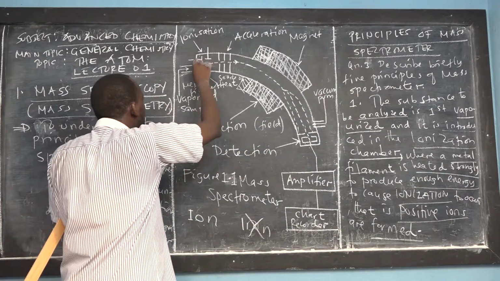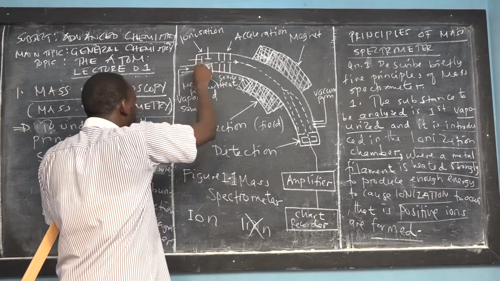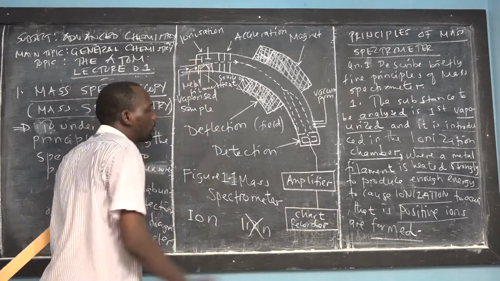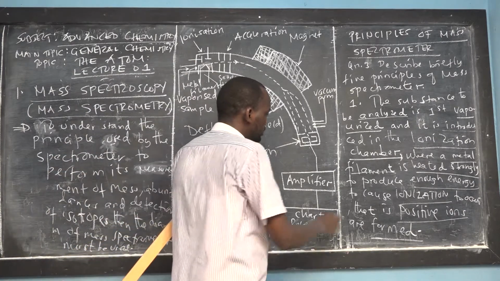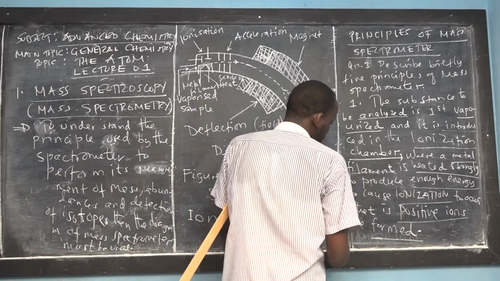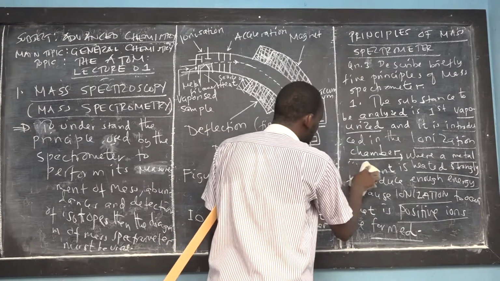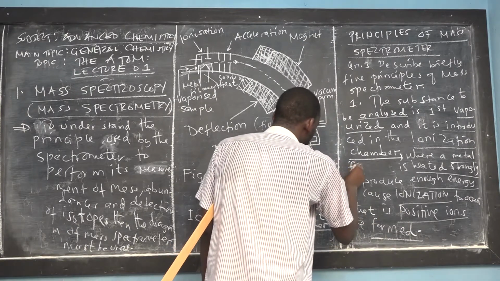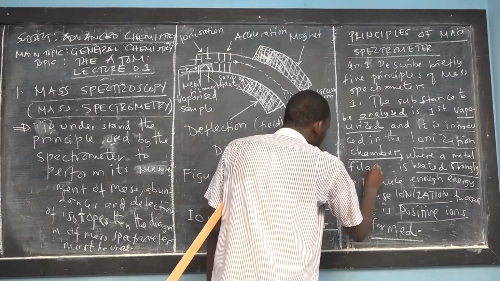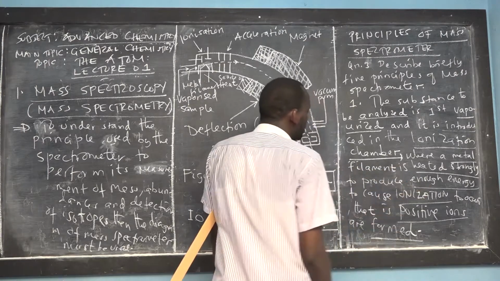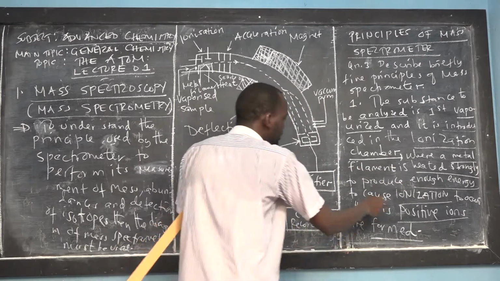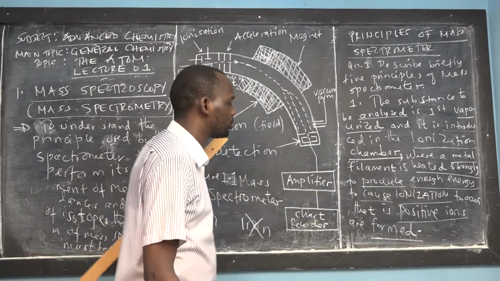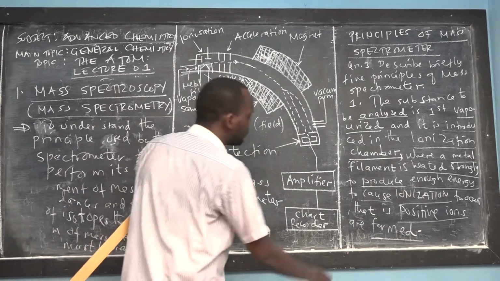So we have a filament here. Metal filament is heated strongly to produce what? Enough energy to cause what? Ionization to occur, and that is the positive ions are formed.